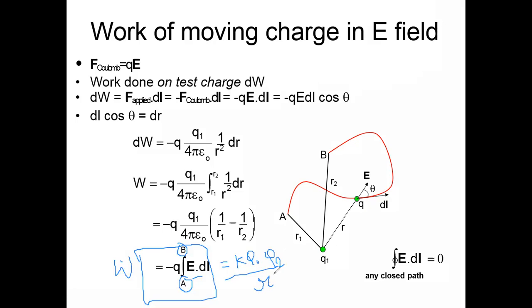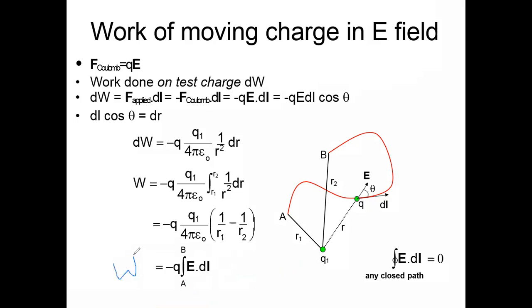So see the very slight difference: it is K Q1 Q2 by R, inversely proportional to R, not to the square of the distance. Please be careful. If by mistake you put R square here, then this is force, not the electrostatic potential energy. Is it clear? So remember this expression.